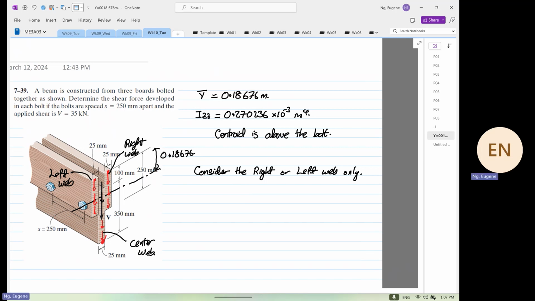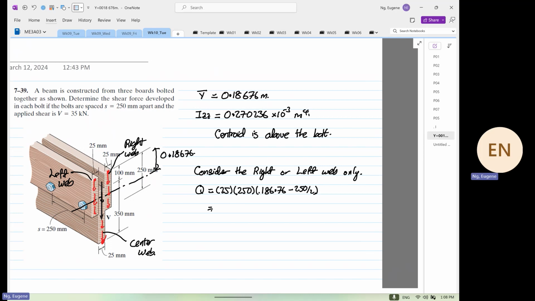So again, Q is equal to what? The width, which is equal to 25. The depth, which is equal to 250. The Y bar is 186.76 minus 250 divided by 2. So this is equal to 186.76 minus 250 divided by 2 times 250 times 25.